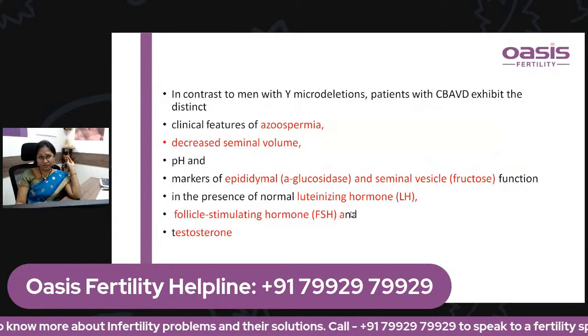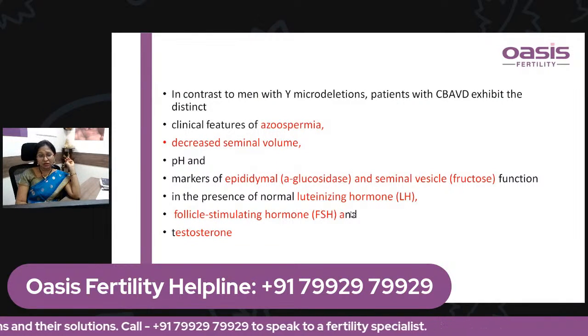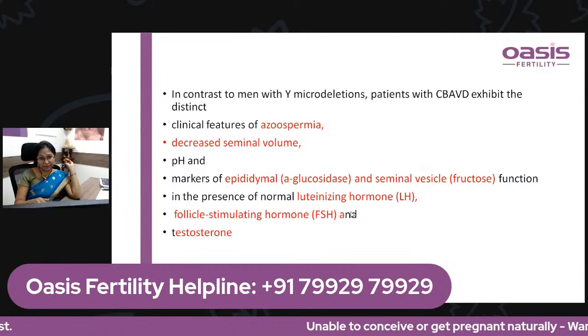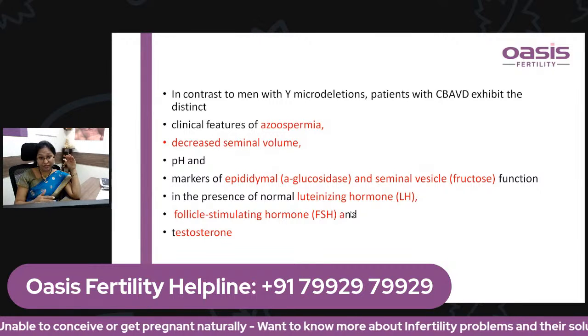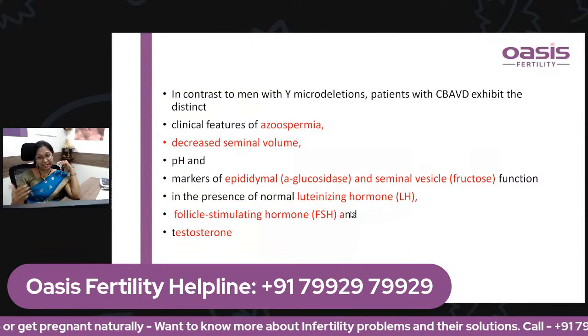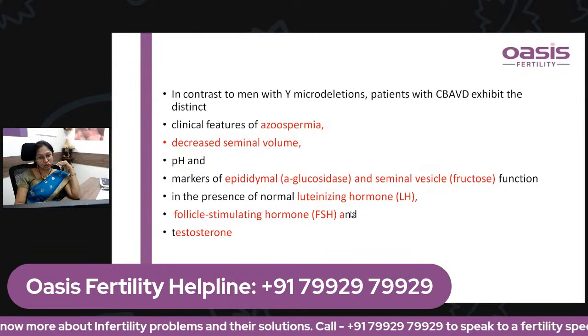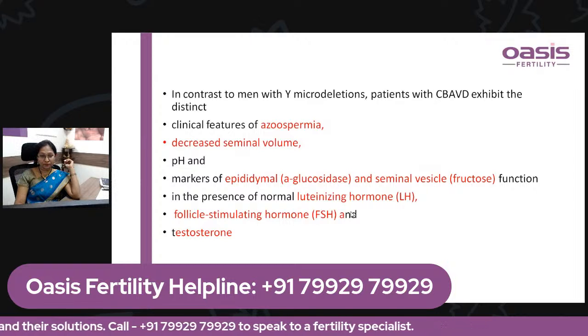In contrast, patients with Y chromosome microdeletion exhibit distinct clinical features: azoospermia, decreased seminal volume, decreased seminal pH, and markers of epididymal and seminal fructose formation may all be decreased. But on the hormone side, LH, FSH, and testosterone will be normal in these patients compared to the Y chromosome microdeletion patients.